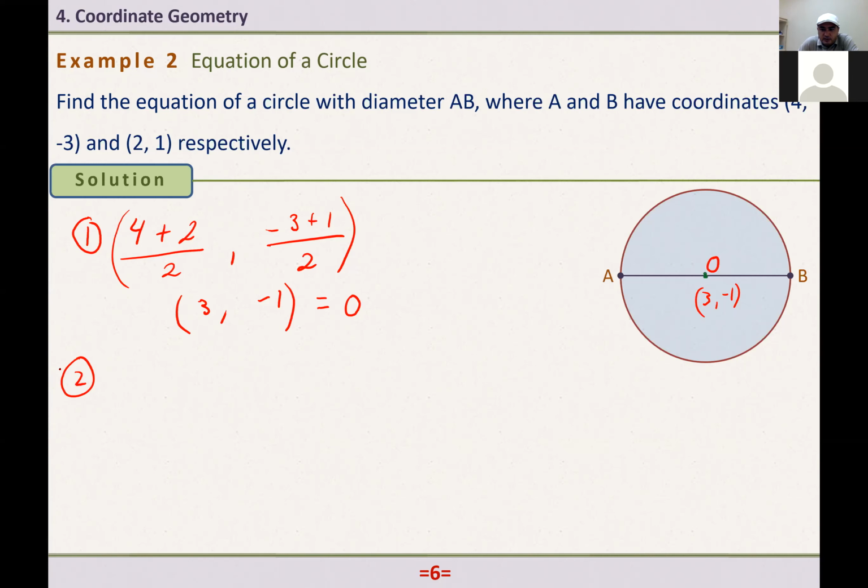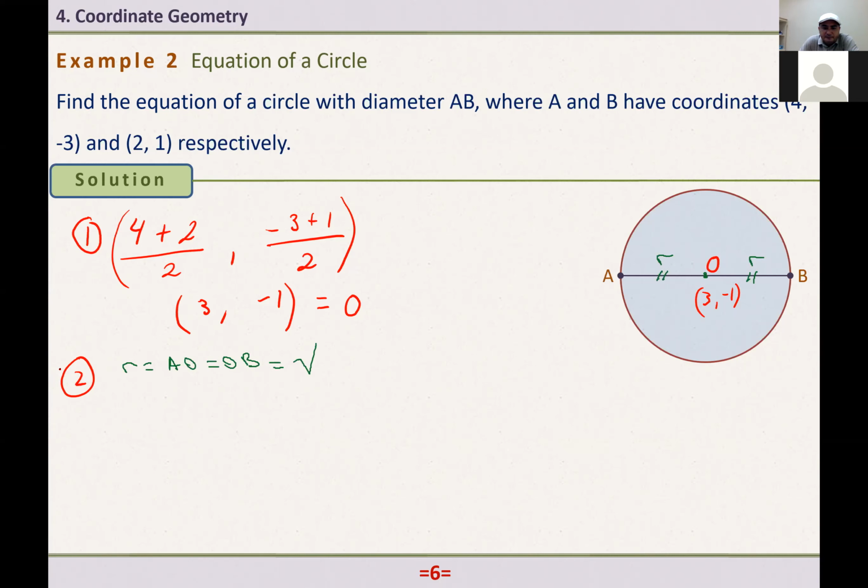So these two lengths are equal. Let's say this one is R and this is also R. So what is the radius then? The radius equals either AO or OB, whichever is better for you. We know the coordinates of O and of B, and we know how to find the distance between two points, so it gives us the radius.